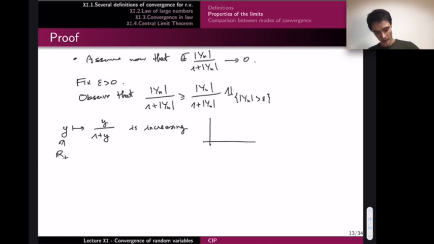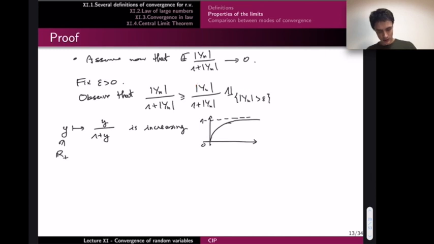It's a function that looks like this. It starts at 0 and it grows asymptotically to 1. So it's 1, that's 0, and that's your function. So it's an increasing function.